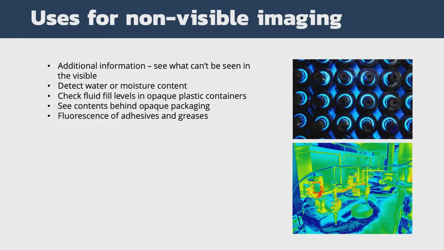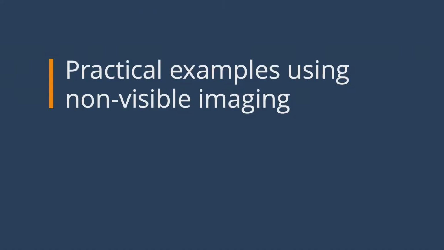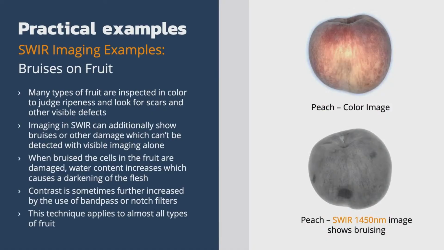It also means we can see inside opaque packaging, and we can also see with UV fluorescence of adhesives and greases. And these principles are all very important in many practical inspections that we need to implement in our machine vision lines today. So let's begin to look at some of these practical examples.